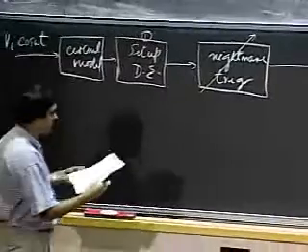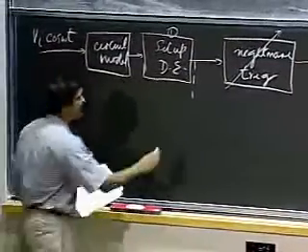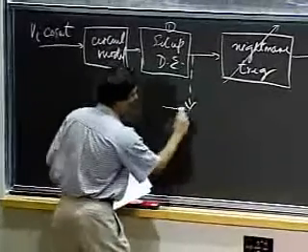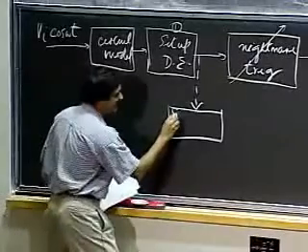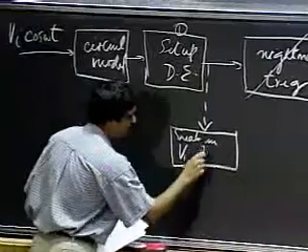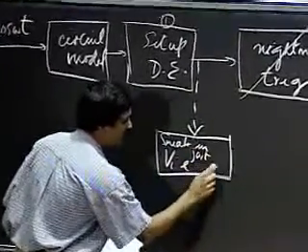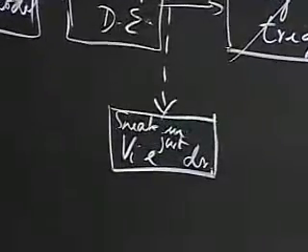And instead, what we said we do is take a detour. Okay, take an easier path. And the easier path looked like this. I said, let's sneak in Vi e to the j omega t drive. Okay?